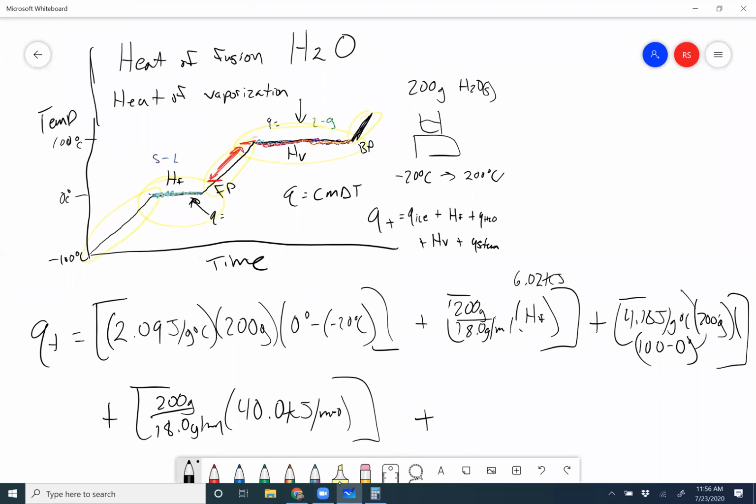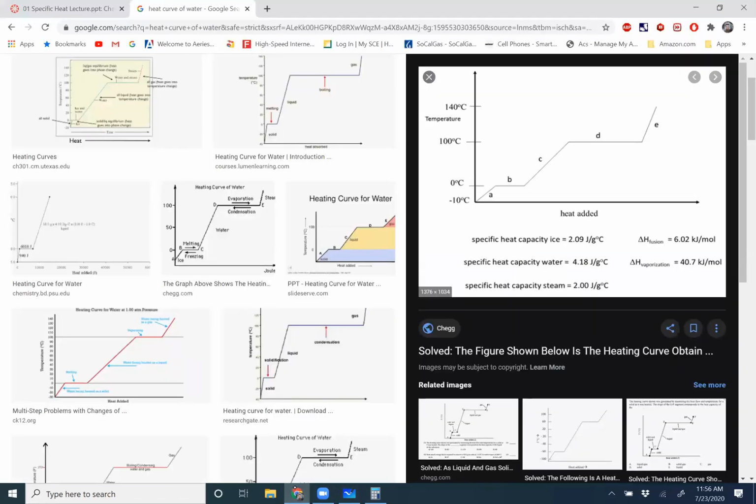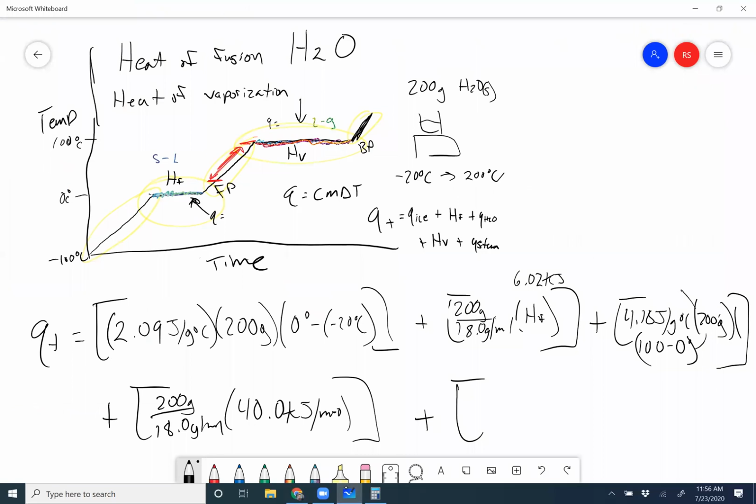And then finally, we're going to be going up to 200 degrees C. So then we would multiply that by the steam specific heat, which is 2.0 joules per gram degree C, multiplied by the 200 grams, and then multiplied by our temperature change of 200 degrees C minus 100 degrees C. So again, all that work just to be able to do it.